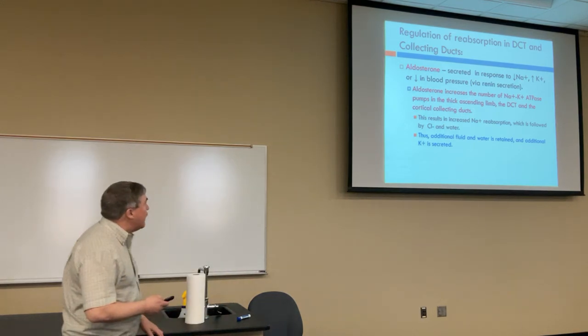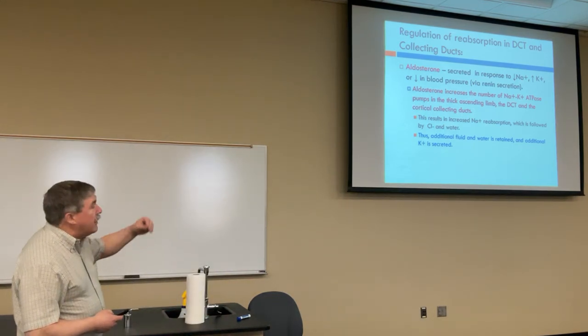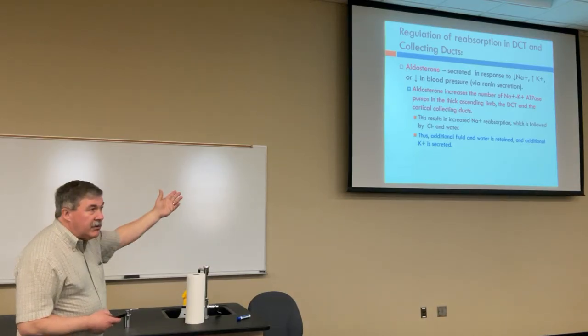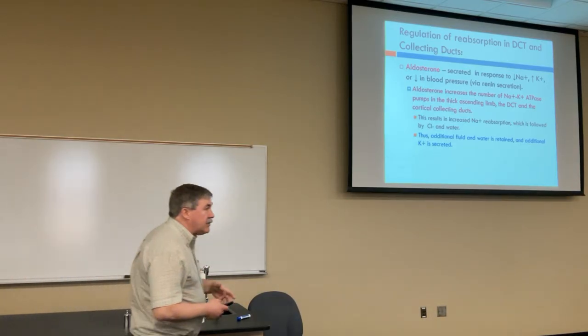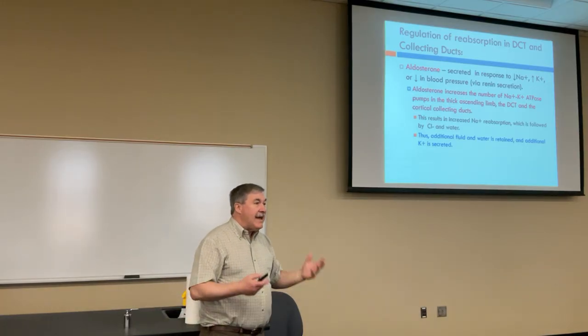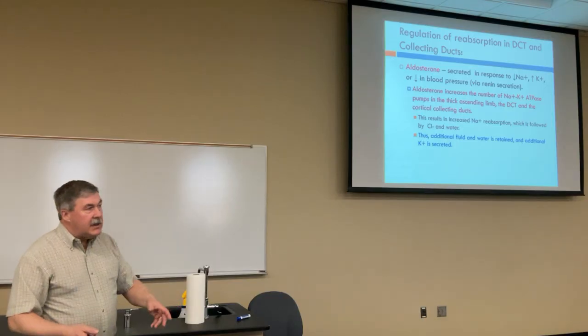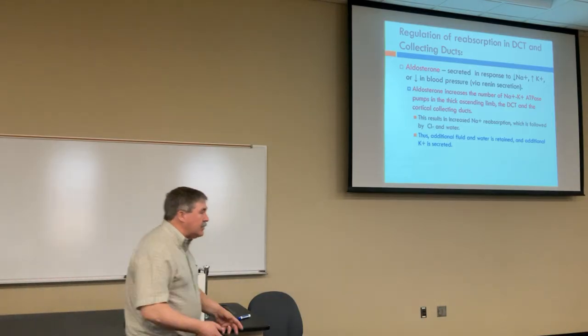Okay. So if blood pressure goes up and sodium levels increase or potassium levels go down, then just the opposite would happen. Less renin would be secreted. With less renin, you get less angiotensin 1, less angiotensin 2.